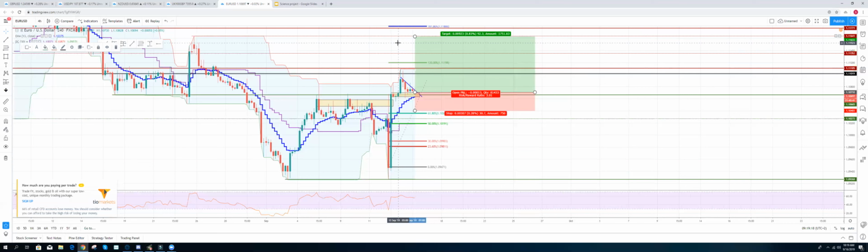I'm expecting price to push into new key trading levels, which is basically this zone up here, a breakout of this, so above 1.1105. News Tuesday, Fed meeting. Trade scale: we'll make it an 8 out of 10.